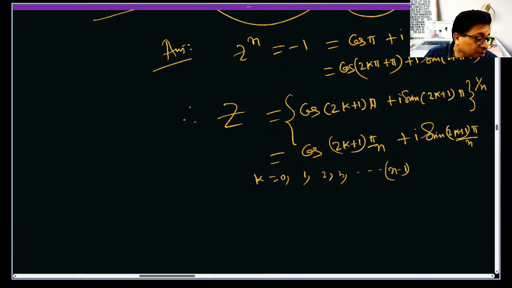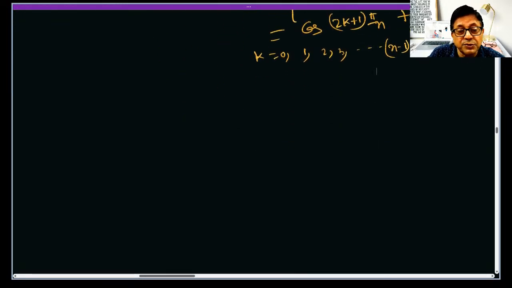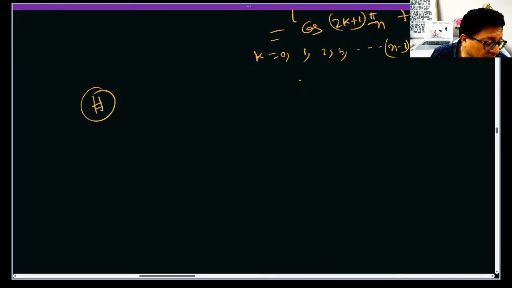Initially it was for that only, just to find the root. Then I am showing you a few more applications to prove identity also. It plays a vital role. Okay, roots of unity. Then to prove identities, I am showing you some identities, how to prove with the help of de Moivre's theorem, which is very difficult to prove by common calculation.